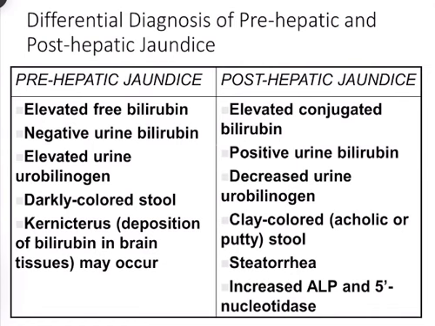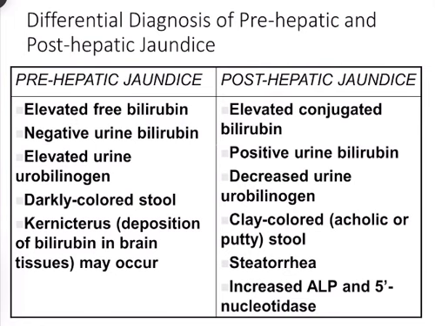Okay, then in post-hepatic jaundice, there is elevation of conjugated bilirubin or UB1. Positive urine bilirubin. Why? This is after the liver, so it is no longer degraded much by other parts of the body. That is why we have presence of bilirubin in the urine. Decreased urine urobilinogen.